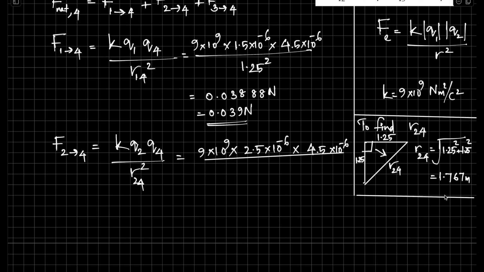1.767 meters. Let's round it off to 1.77 meters. Okay, so 1.77 squared. Solve it in the calculator: 9 times 10 to the power of 9 times 2.5 times 10 to the power of minus 6 times 4.5 times 10 to the power of minus 6 over 1.77 squared.